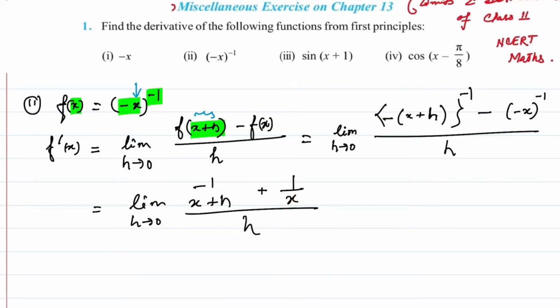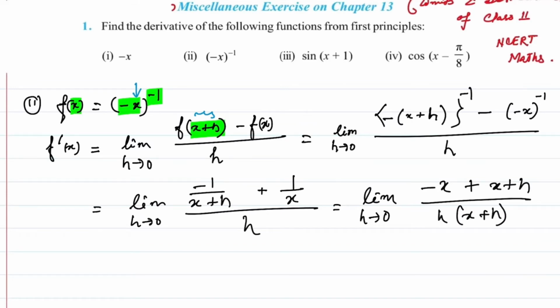So now let me do so. Limit h tends to 0, we will get minus x plus h by h into x plus h into x. We have multiplied both the numerator and denominator by x plus h into x.